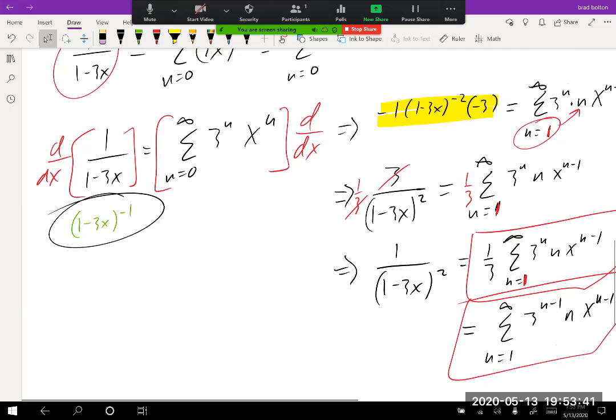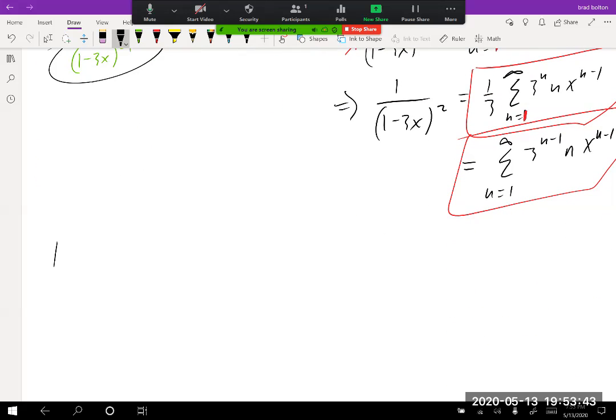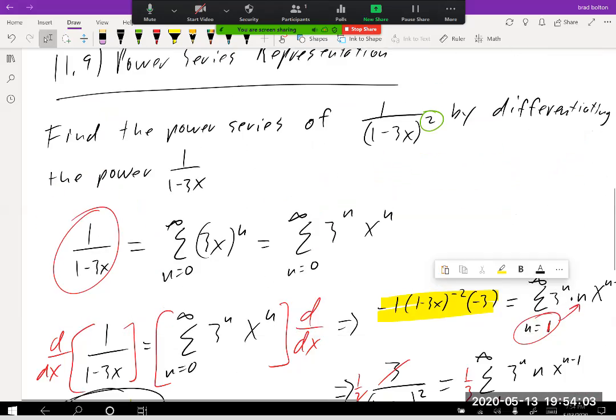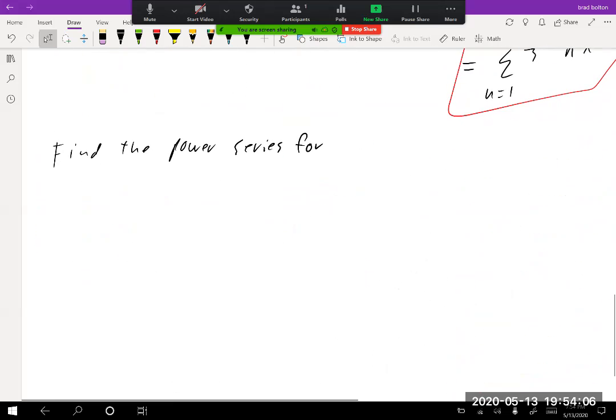What if somebody said, I want you to find the power series for, and let's do the exact same thing, 1 over (1 minus 3x) quantity squared, but let's change this to an x cubed, okay?